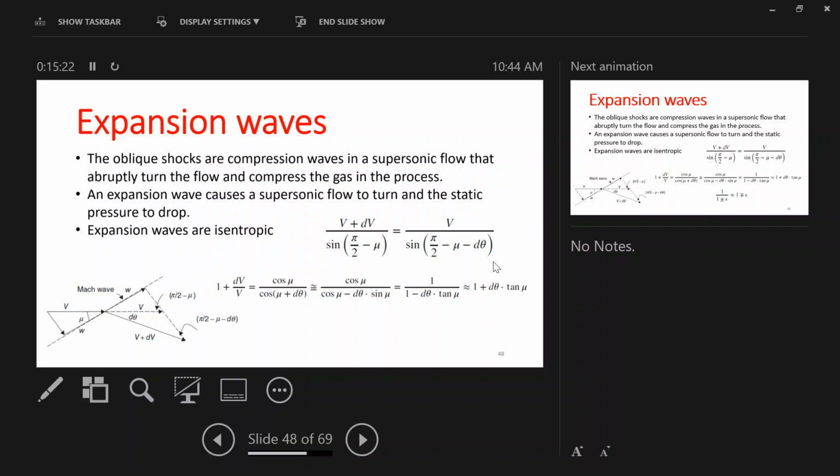This will transform to cosine of mu plus d theta, from your sine and cosine relationships. We can change the denominator to cosine of mu minus d theta sine of mu.